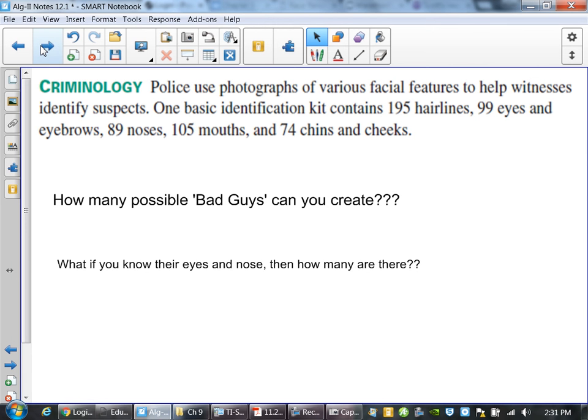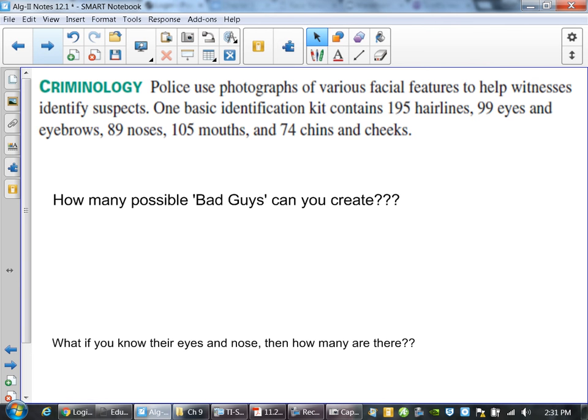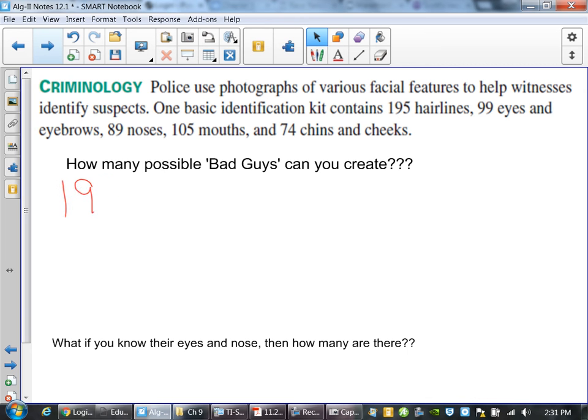When you talk about the way that police look at criminals, if you talk about the number of bad guys you can create, if you know 195 different hairlines, times 95 eyes and eyebrow sets, 99 times 89 different noses, times 105 different mouths, times 74 chins and cheeks, which is basically jawline, when you multiply that together, what do you get?